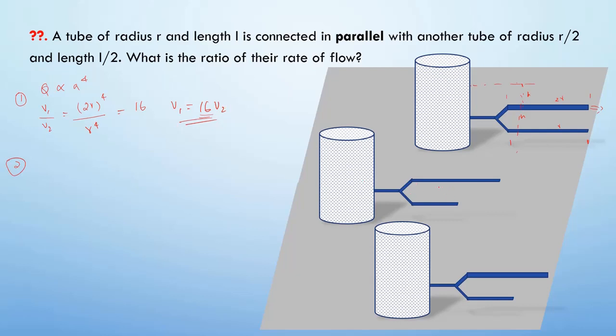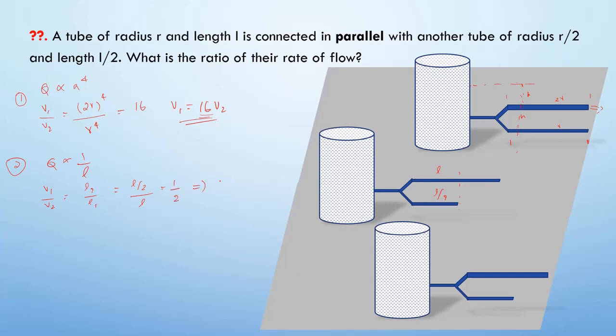Here the difference is in length, that is, when tube one has a length L and this tube is L by 2. We know that Q is inversely proportional to length. So V1 by V2 is L2 by L1, and L2 is L by 2 and L1 is L, so the answer is 1 by 2.